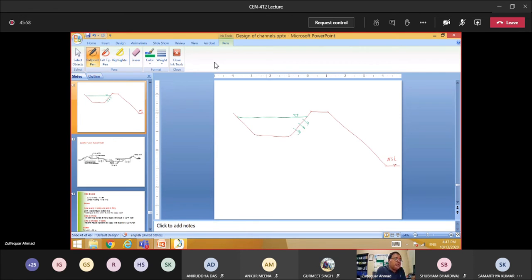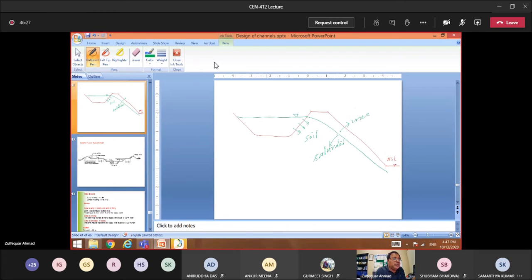And once that seeps, your soil will be saturated. Up to what level will it be saturated? I'm drawing a line saying that up to this level the soil will be saturated. Below this the soil is saturated, and above this the soil is unsaturated, maybe partially, or maybe dry.